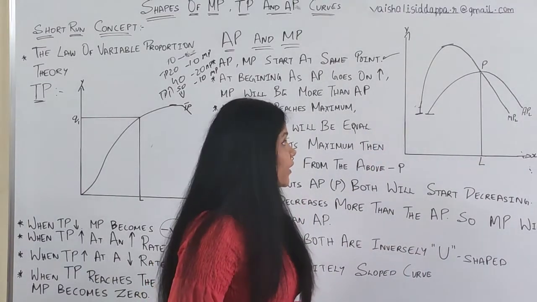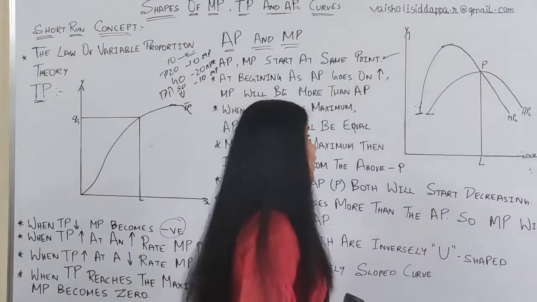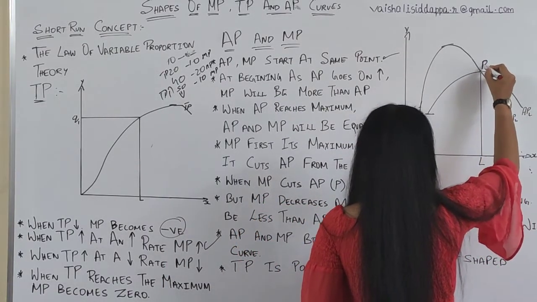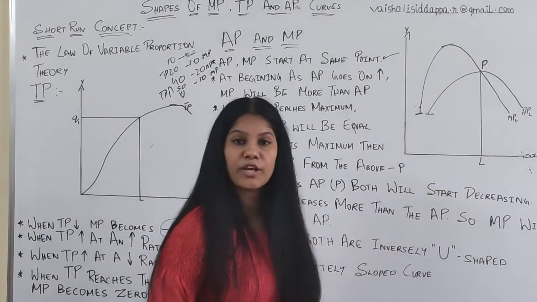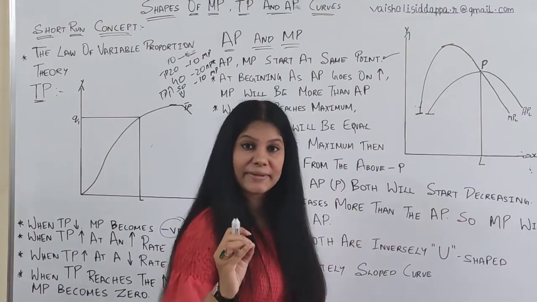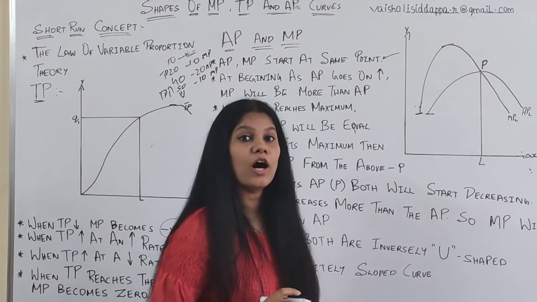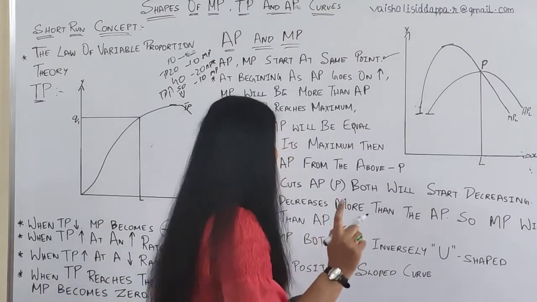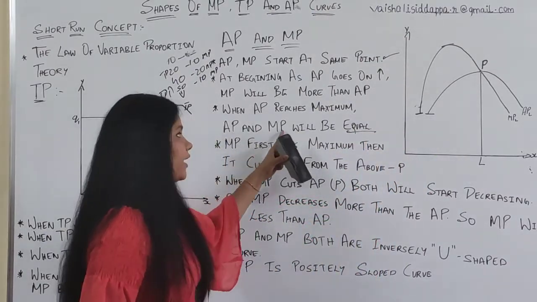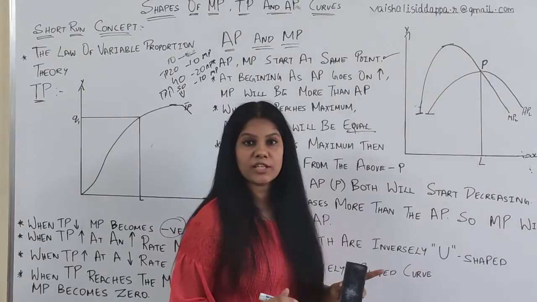The point where MPL cuts the APL curve is called point P. At that time they both will be equal. AP and MP are equal at this point.